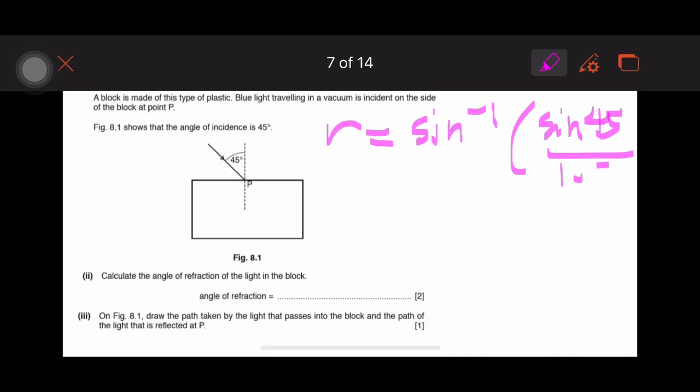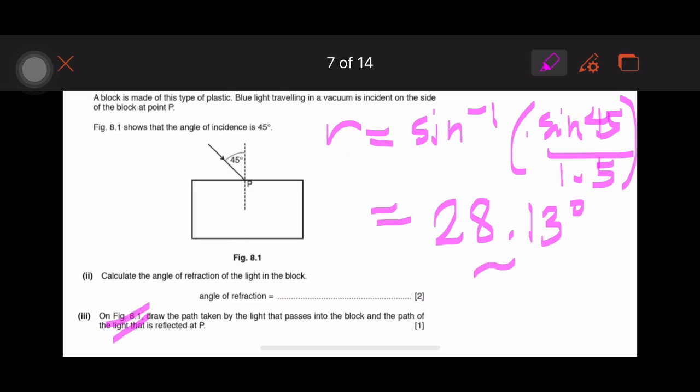Divide sine 45 by 1.5 first, before getting the inverse sine, and finally we'll get the answer 28.13 degrees. Since we're going to draw in the second part of the problem, it's safe for us to round it off to 28 degrees.